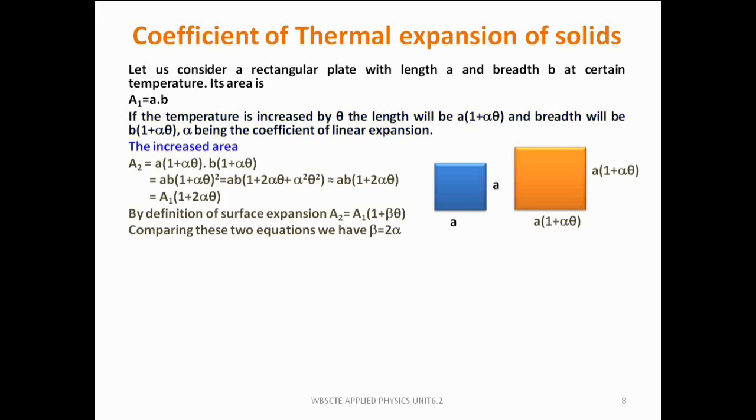So the increased area A2 is equal to a into b into (1 plus alpha theta) whole squared. Approximating, we get ab into (1 plus 2 alpha theta), that is A1 into (1 plus 2 alpha theta), as ab is A1. By definition of surface expansion, we have A2 equal to A1 into (1 plus beta theta). By comparing these two equations, we have beta equal to 2 alpha.